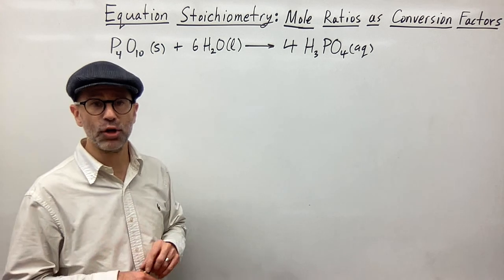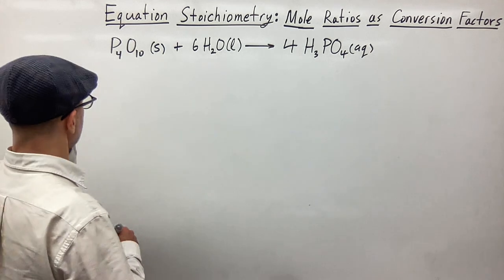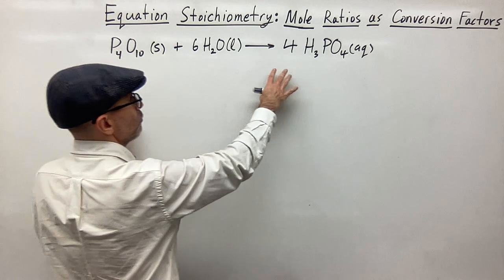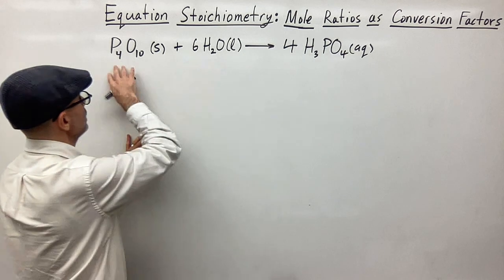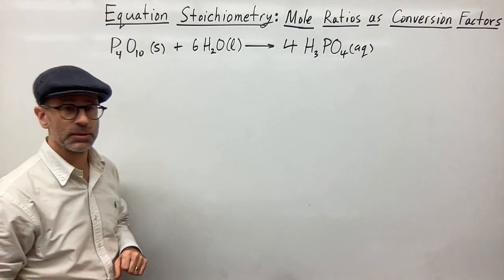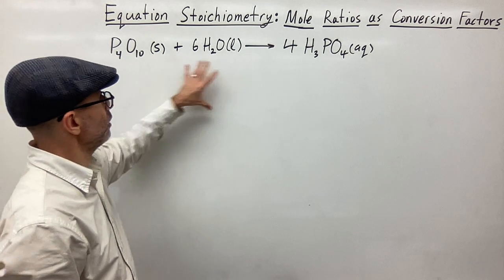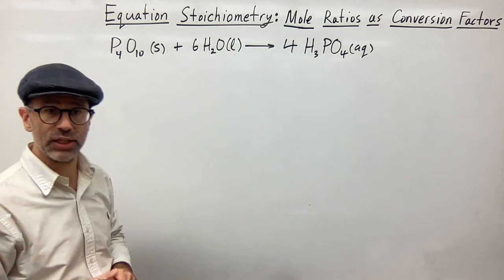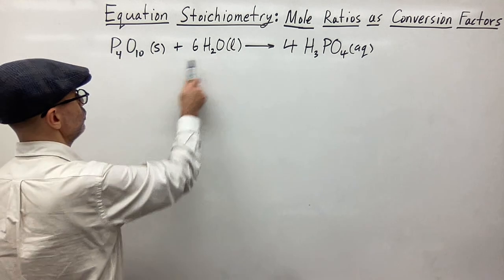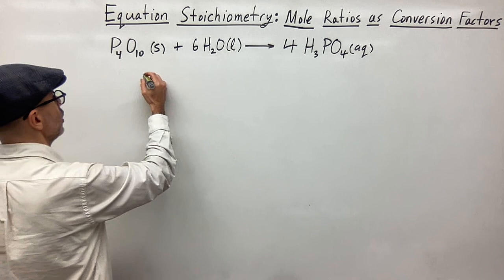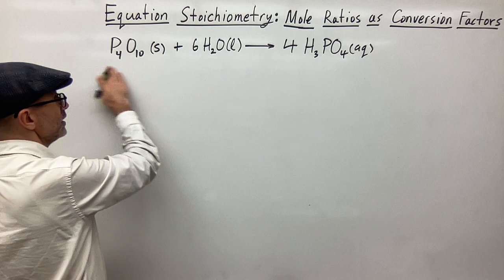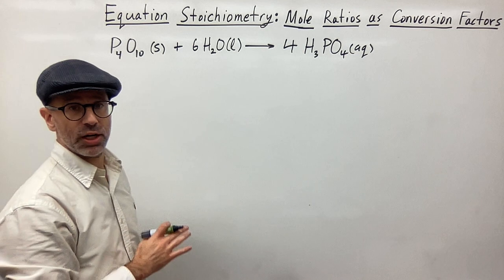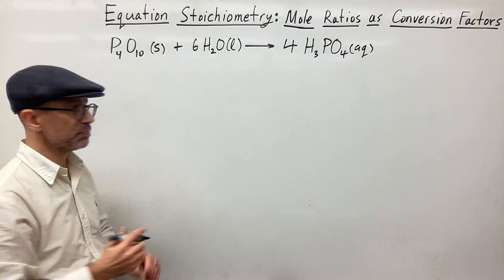It's in your conversions. When you're doing stoichiometry, the mole ratios are going to come from the coefficients in your substances. Any of these matches, anything that you match together, could be a mole ratio. So we can put these two together as a ratio: 1 mole of this substance requires 6 moles of water to react completely.